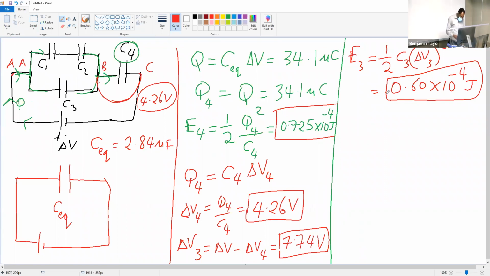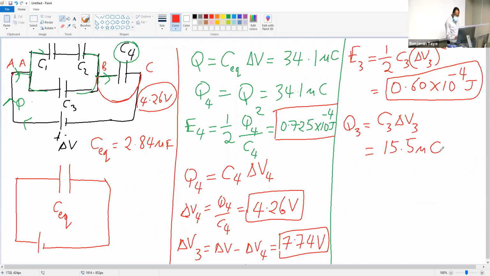Now, I can go ahead and calculate the total charge on capacitor number 3. Q3 is equal to C3 delta V3. If you do that correctly, you should get 15.5 microcoulombs.